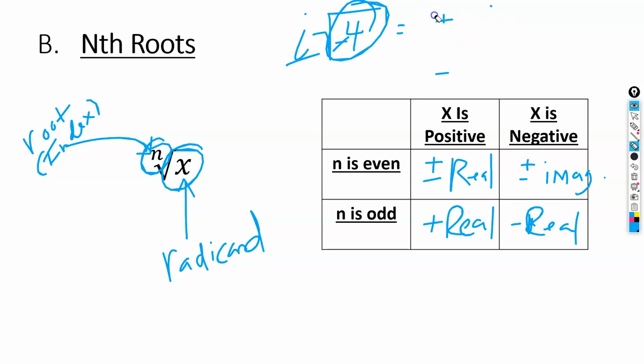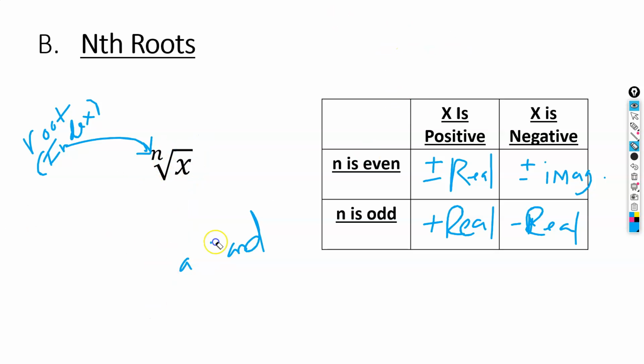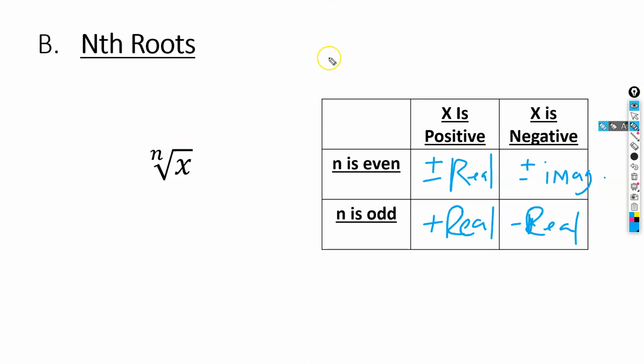Erase my paper. So let's say, for instance, that I had the following thing. Let's say I had the number 5 here, and we had a negative 81 right here.